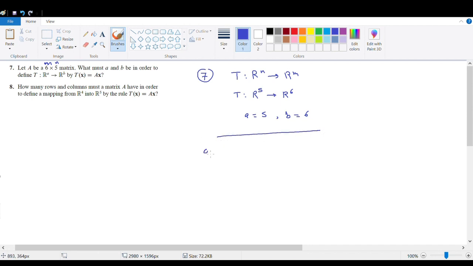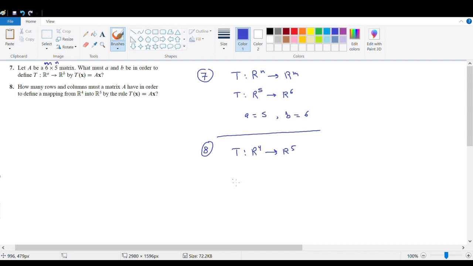For exercise 8, how many rows and columns must a matrix A have in order to define a mapping from R4 into R5 by the rule T(x) = Ax? We know that R4 to R5 means from Rn to Rm.